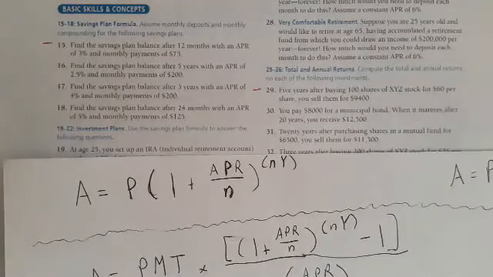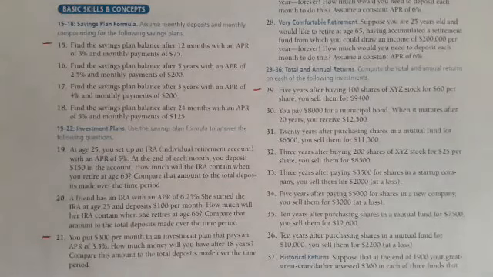So it wants us to find the savings plan balance after 12 months with an APR of 3% and monthly payments of 75. So we're looking at that. How much were the payments? Payments were 75.